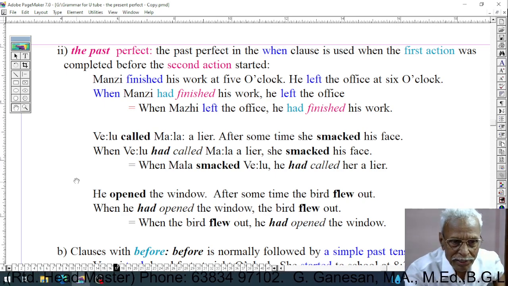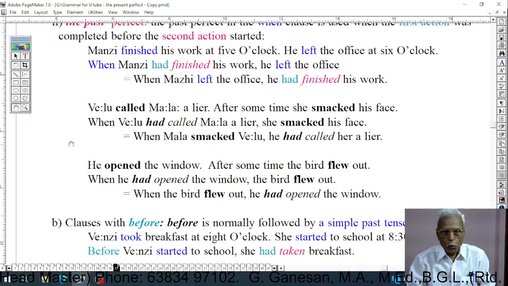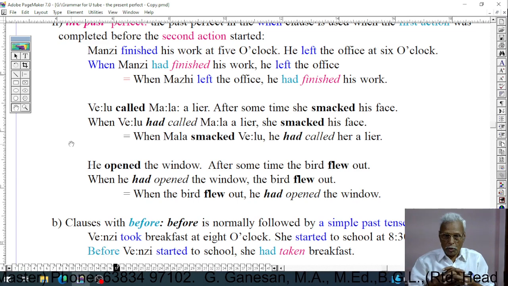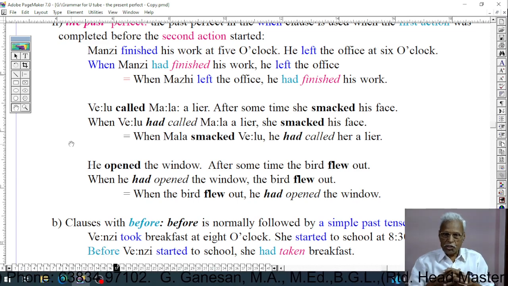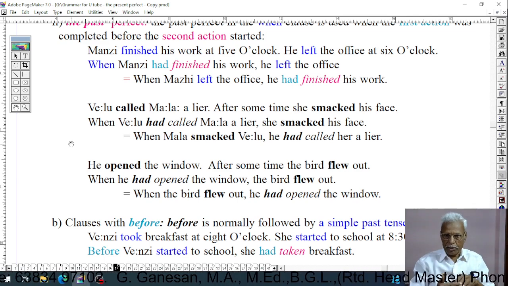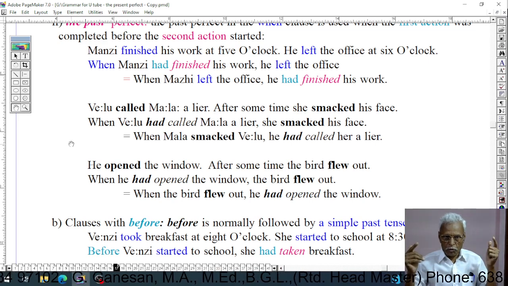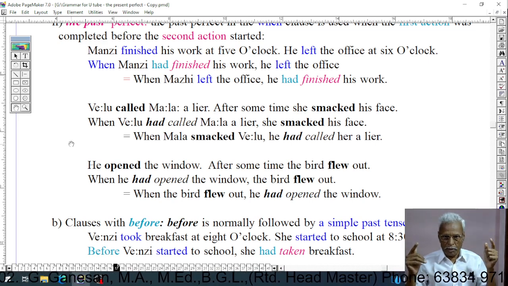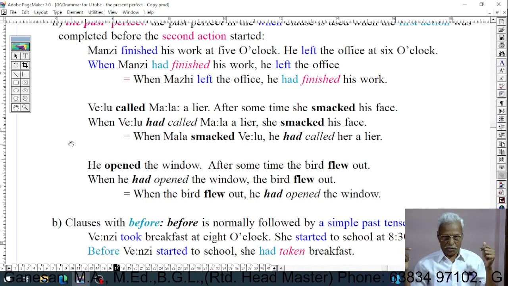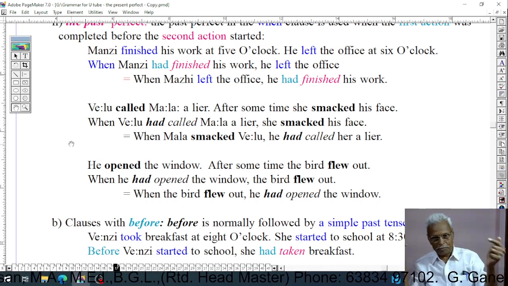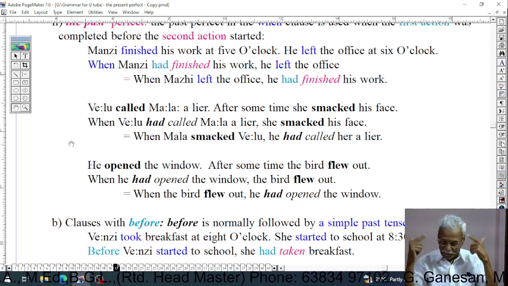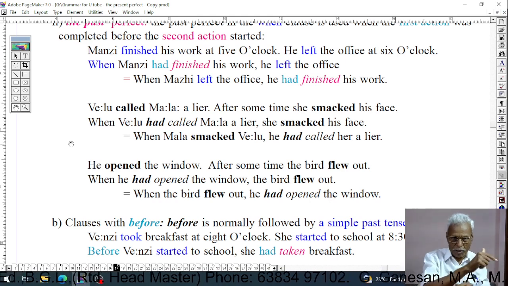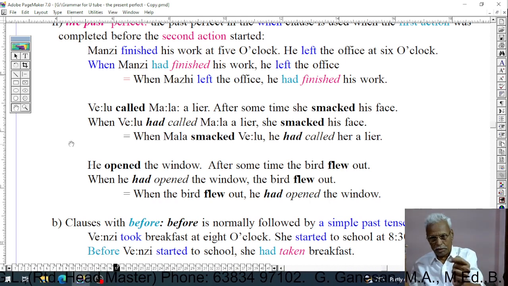See, another example. Velu called Mala a liar. After some time she smacked his face. When Velu had called Mala a liar, she smacked his face. First action in the when clause, second action in the main clause. Or: when Mala smacked Velu, he had called her a liar.